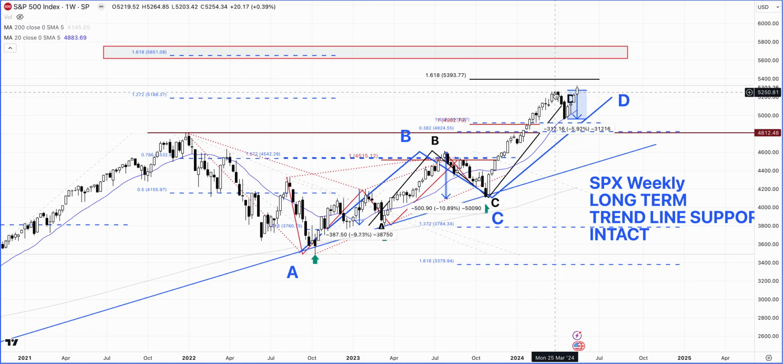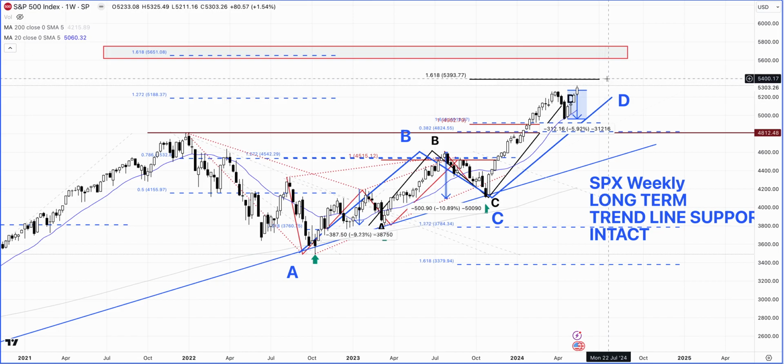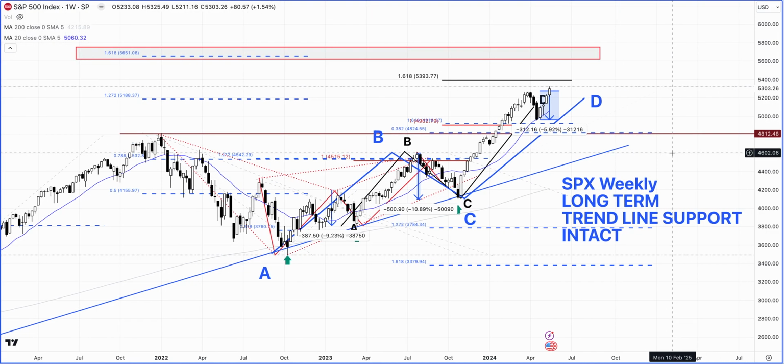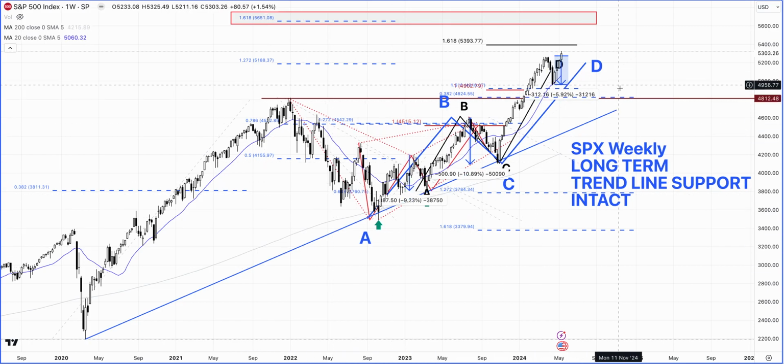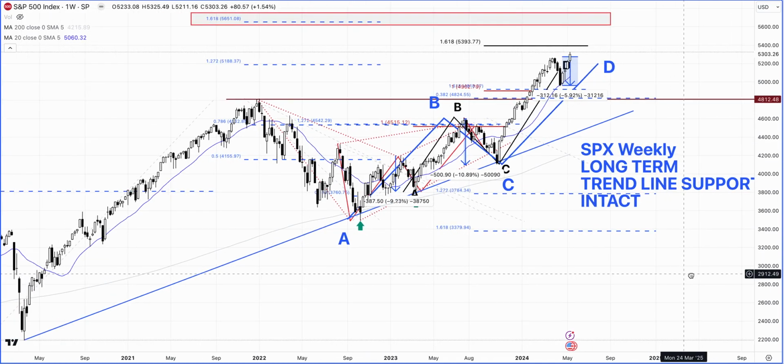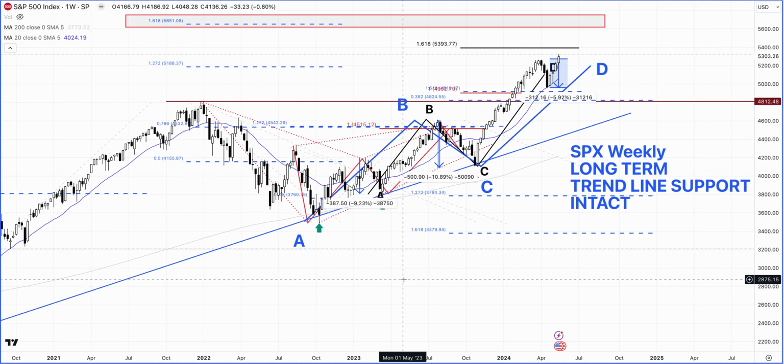So it has made a new all-time high on the cash basis, and the chances are that short term it is moving towards 53.94, and it can touch 56.56 as well, moving into this red box around here. The really important thing to watch is that there's a really nice trend line which is intact. So it's just in a move higher.